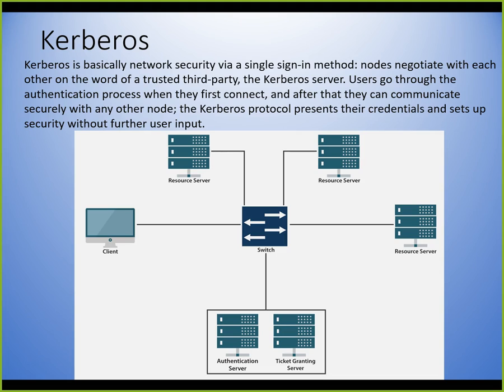Down here at the bottom, we have an authentication server and a ticket granting server. Typically those services are going to be running on the same server. The authentication server checks to be sure that we're who we claim to be, and then it's going to give us a ticket to get to specific resources.